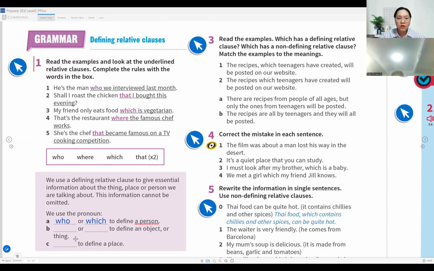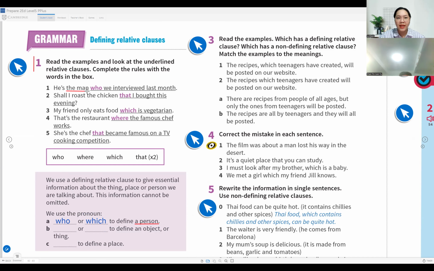Actually, who and where. Okay, so let's take a look at these five examples.